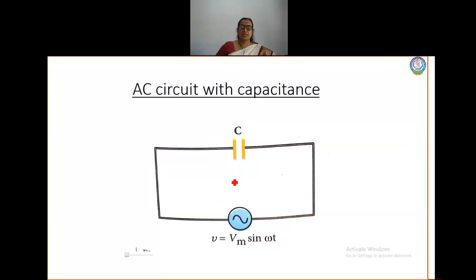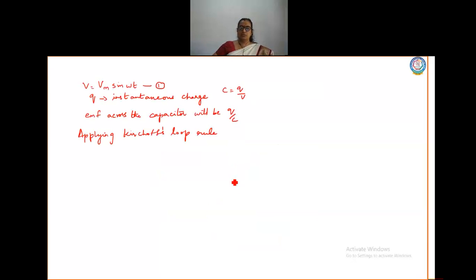So the algebraic sum of these voltages is equal to 0. Let me write this equation as V minus Q by C is equal to 0, or when I bring this term to the right side, the minus becomes plus, so V is equal to Q by C, or I can write this Q as V into C.